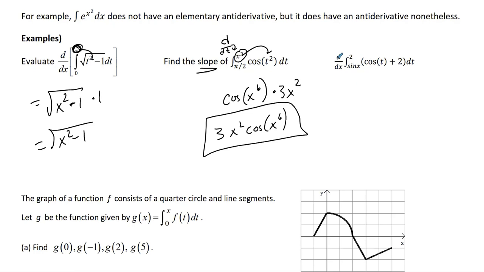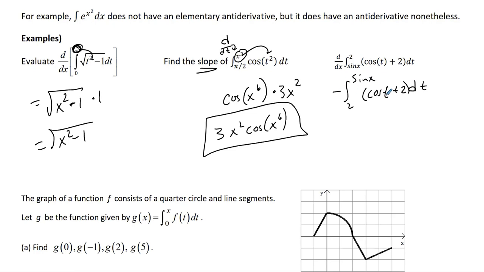Now, I want to find the derivative of this. But because the sine is on the bottom, it's going to be negative, the integral from 2 to sine x of cosine t plus 2, with all of that dt. So what do I got to do? Well, that negative is going to pop out.